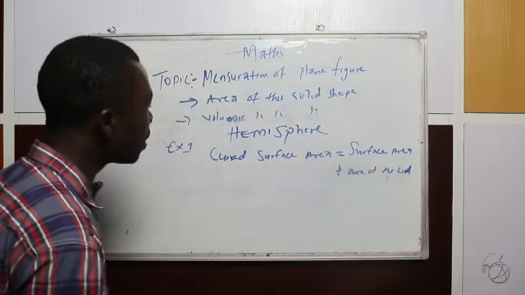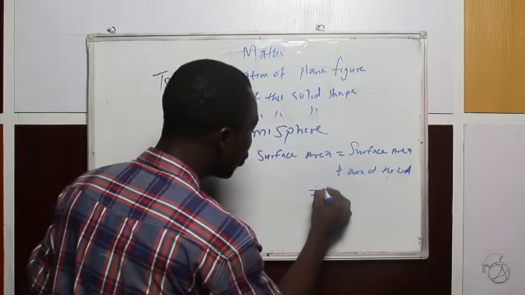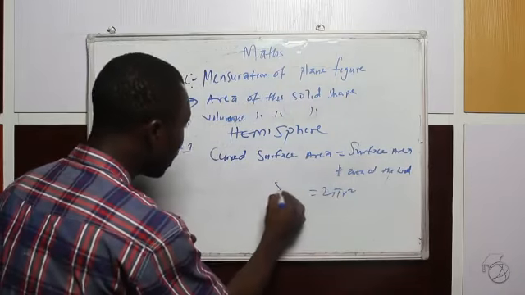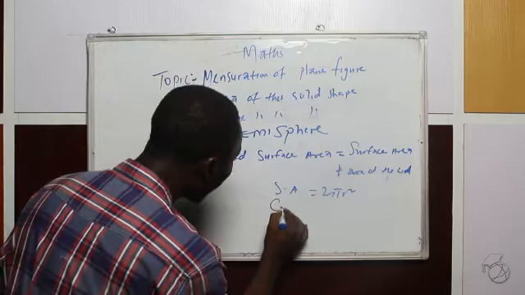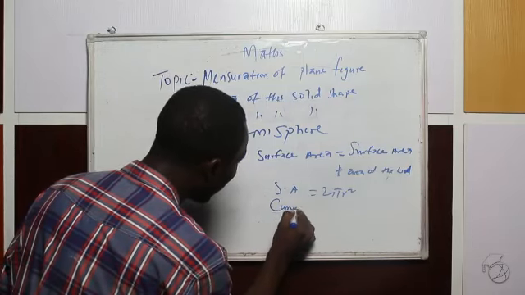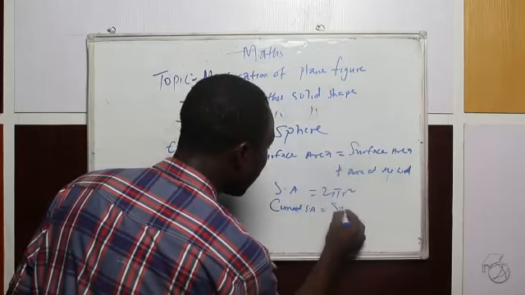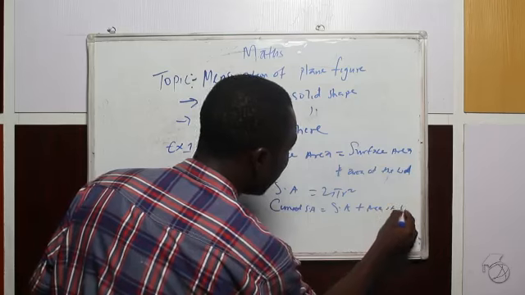We all know that the surface area of a hemisphere is equal to 2 pi r squared. Now, that's the surface area of hemisphere. But the curved surface area is equal to this SA plus the area of the lid.